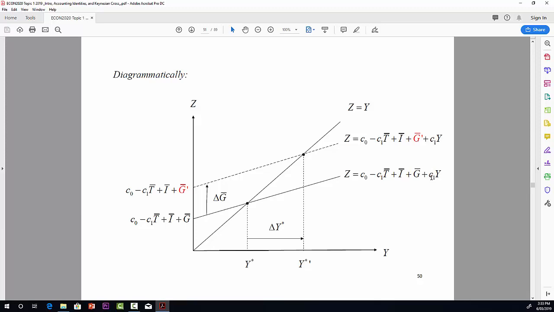It tends to be somewhere between, say, 0.75 and 0.85, with 0.8 a really standard value. Given that the marginal propensity to consume is greater than 0, we get this multiplier result: when you change any of the exogenous components of aggregate expenditure, that will induce an increase in output greater than that initial change in the exogenous component.